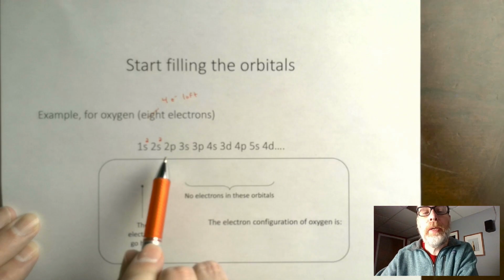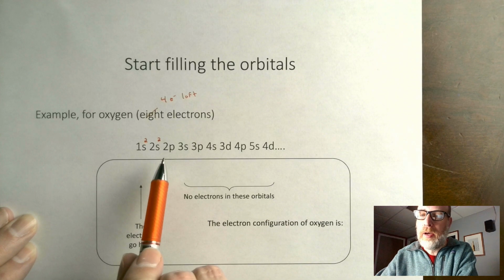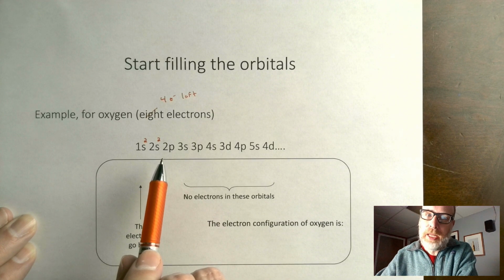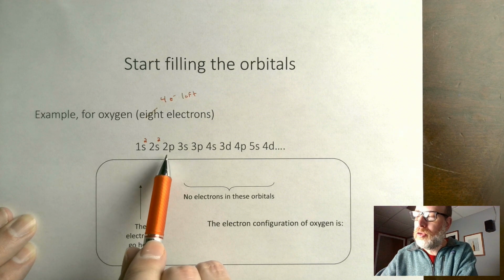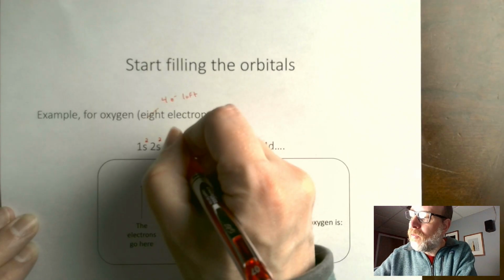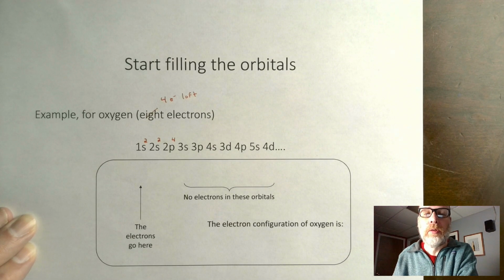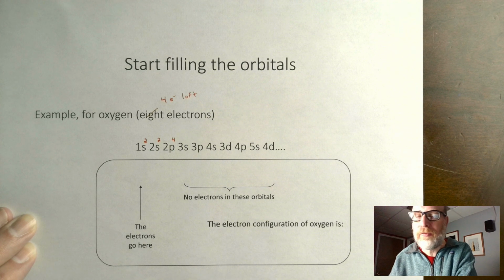Now I've got the 2p orbitals. I say orbitals because there are 3 different ones. Each one can hold 2 electrons. So the 2p orbitals can hold a total of 6 electrons. Well, we don't have 6 electrons. We only have 4. So all 4 go in the 2p orbitals. And I know I've got some of this other junk here. The animations and stuff don't work with the way that I'm printing these pages out, because I just feel like it's easier for me to communicate with you all this way.